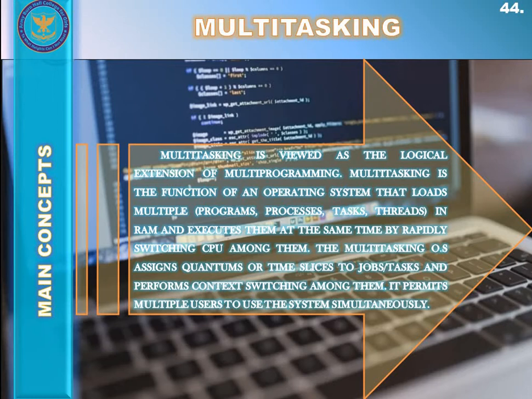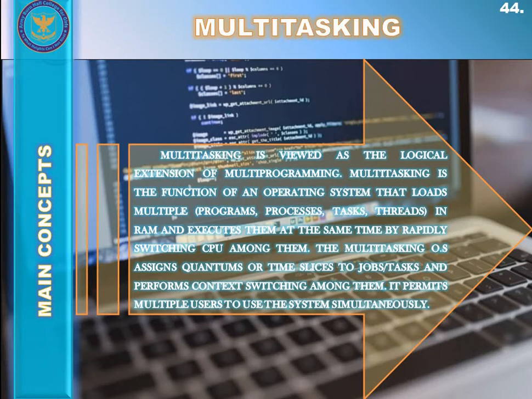Talking about context switching, where the CPU left the execution of one task, it would resume the execution of that same task from that same point. So the operating system can go from one task to another without losing information through context switching among them.